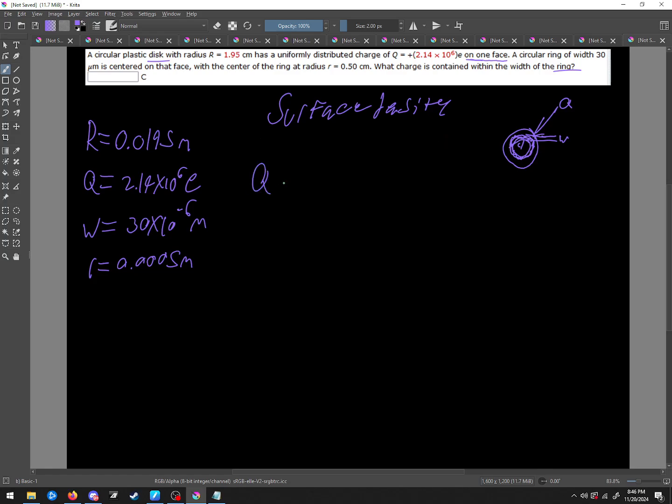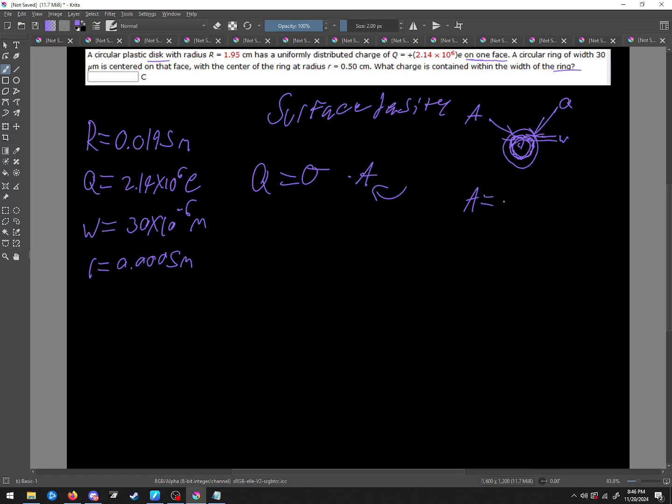So with this, we know that Q is equal to, I think that's the one for surface density times area, right? Yeah. So with this, we need to find the area here of this.